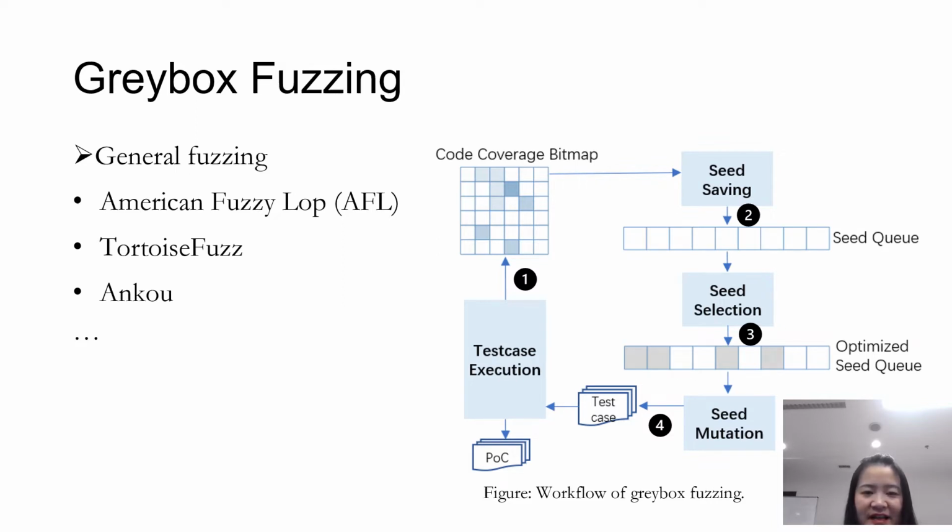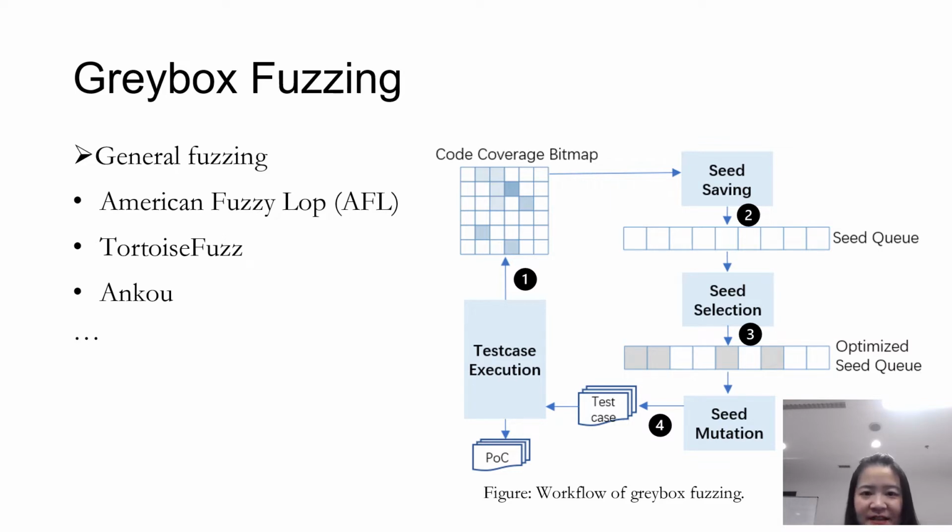Then, they judge whether the test cases are interesting to save to the sequence according to the feedback. After that, they select a more valuable one to optimize the sequence for mutation. Finally, they mutate the seeds using different strategies to generate test cases. The fuzzer will run step 1 to step 4 continuously until the fuzzer is stopped.